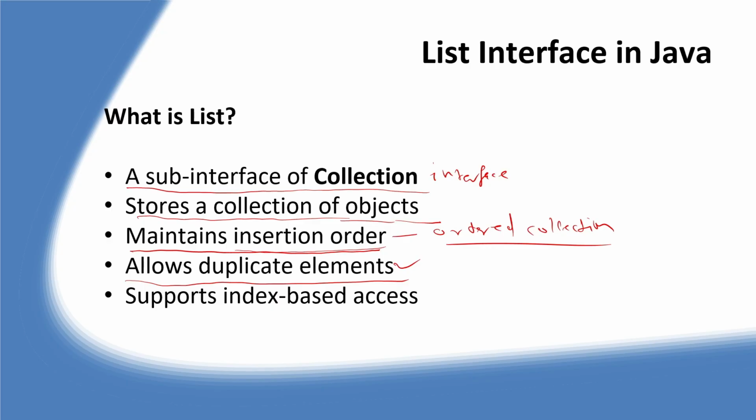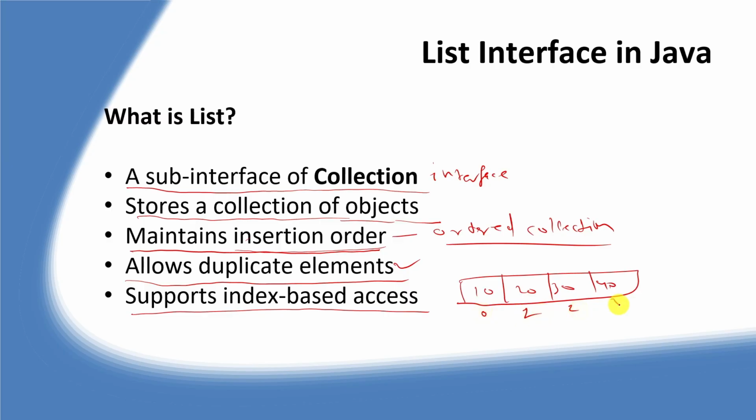And also it supports index-based access, index-based operations. So let's say inside list, we have some values, 10, 20, 30, 40, and index starts from 0, 1, 2, 3. Suppose I want to fetch a particular index, then I can use list.get with an index, let's say 1.